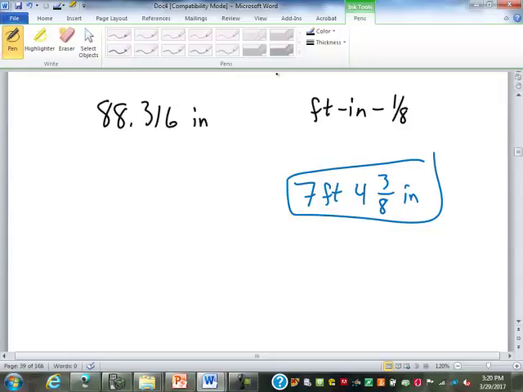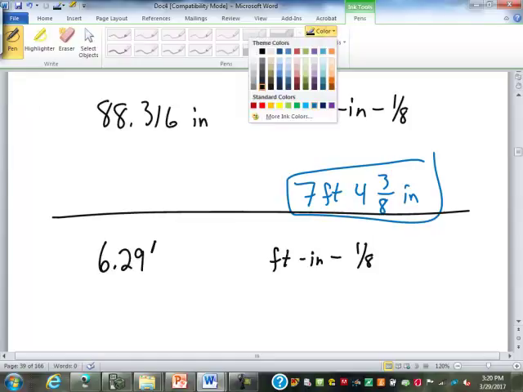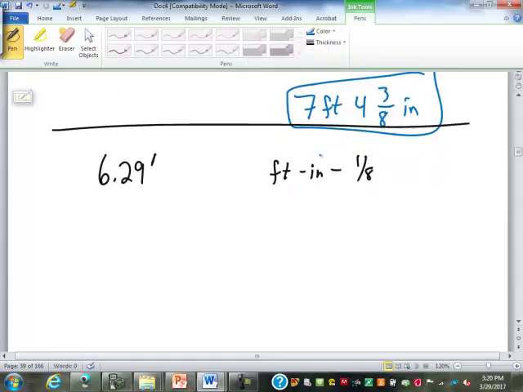Okay, so next, what if we start with feet? What if I have 6.29 feet? And I want to put it in feet, inches, and eighths of an inch. Well, the first step, I've got 6 whole feet, so I'm just going to take the 6 feet off.